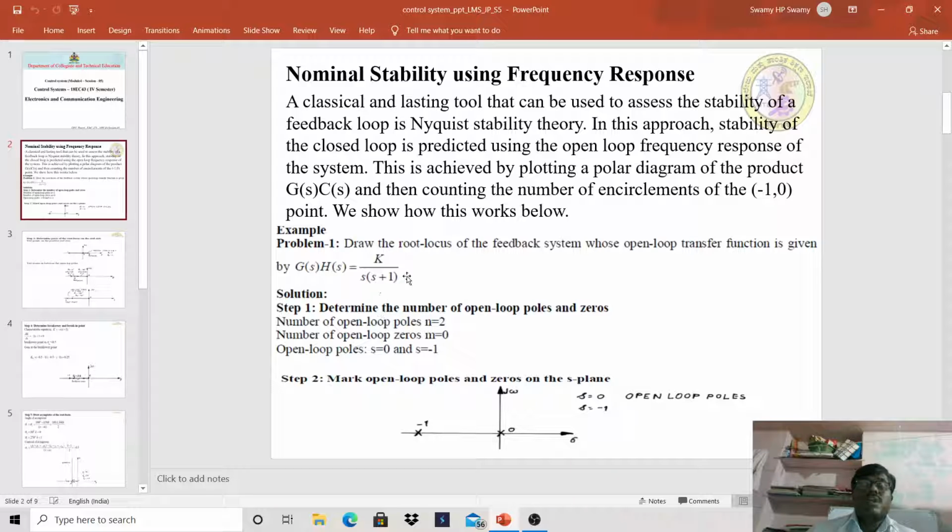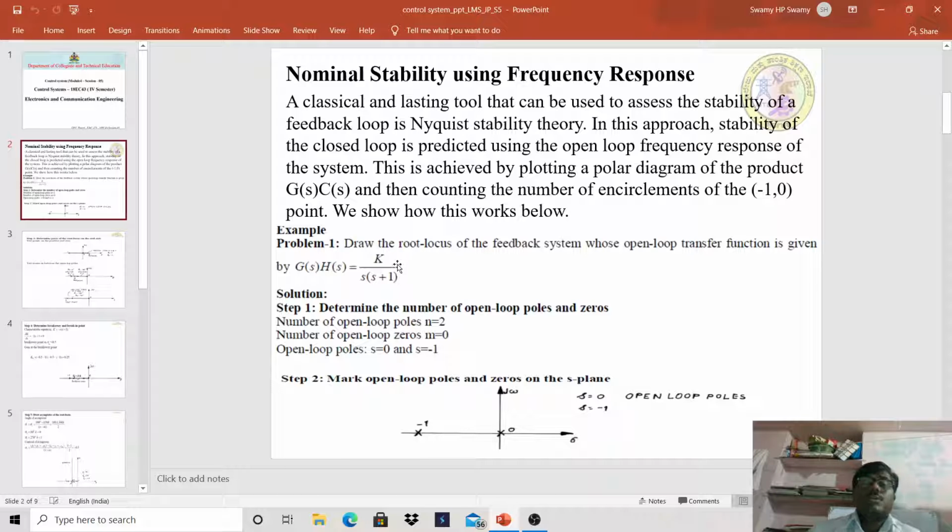In the given transfer function, there is a denominator and a numerator. If you have any s terms in the numerator, those are called zeros. In the denominator, the s terms are called poles.